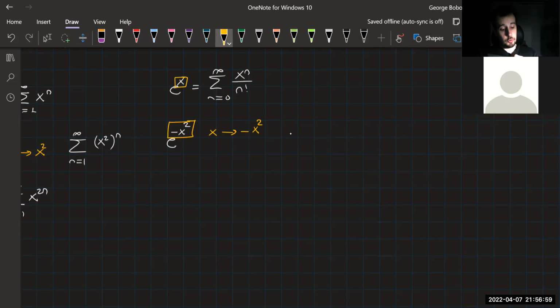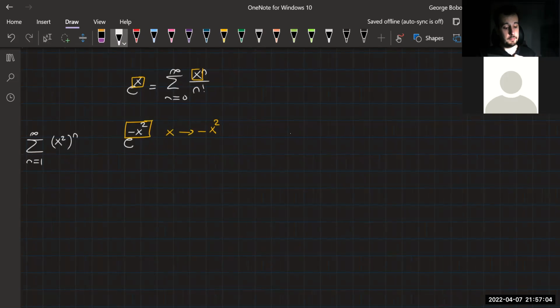So again, I look at the x over here, and I know what I've got to do. For e to the negative x squared, I need to replace this x here with negative x squared, and this is still getting raised to the power of n.